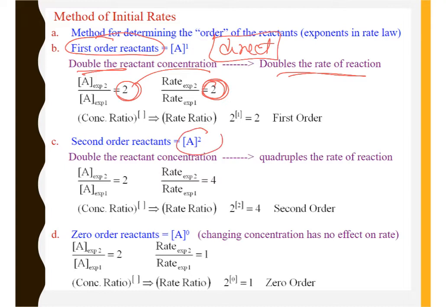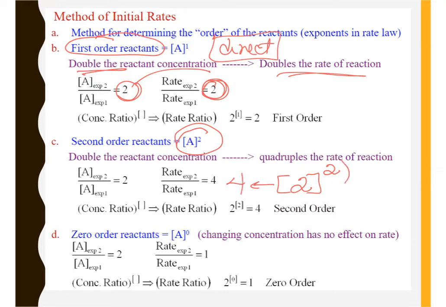If a reactant is second order, that means we have a relationship like, let's say we have the concentration of A, and second order means the exponent is 2. So let's look at the possibilities here. If we double the concentration, what effect can we expect on the rate? 2 squared is 4.